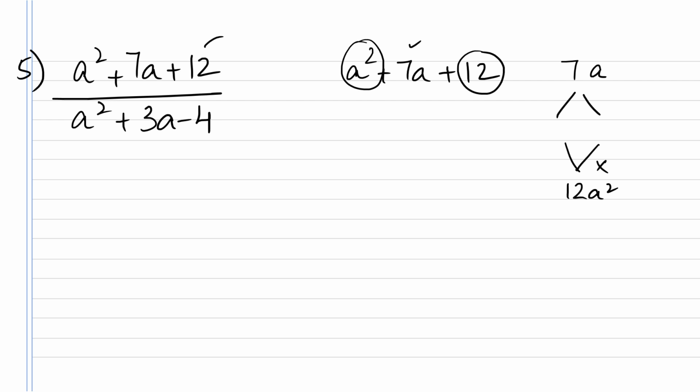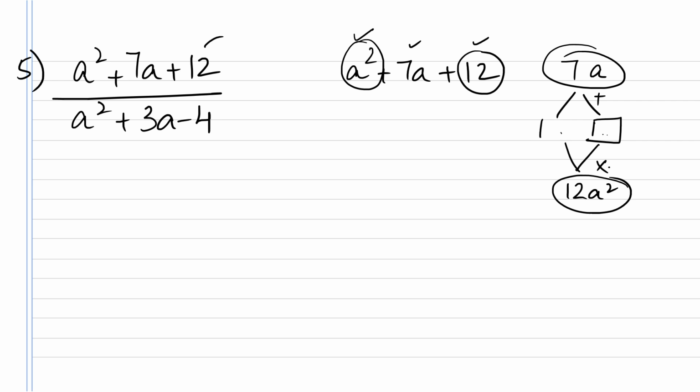So this is the method of splitting the middle term, where the middle term is broken into two terms, so that when they are added, I get this middle term 7a, and when these terms are multiplied, I get 12a square. What is 12a square? It is actually the product of the first term and the third term. So think of the two numbers or two factors which when added give you 7a.